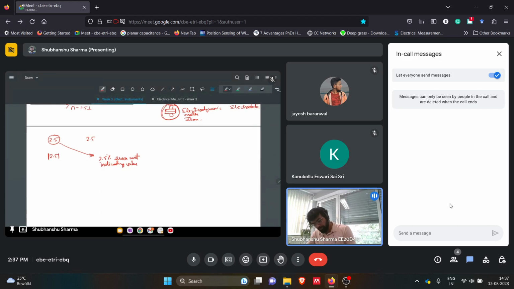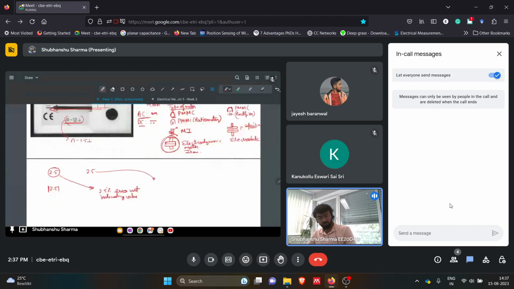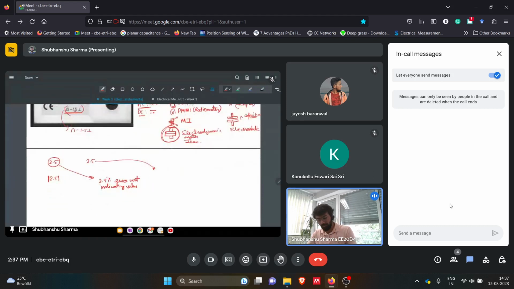Now if we have something like this, in this meter we have only this number, and it does not have any circular ring or bars across it. So if this is a number, then we have 2.5 percentage error, but this time with respect to the full scale deflection or full scale reading of the meter.